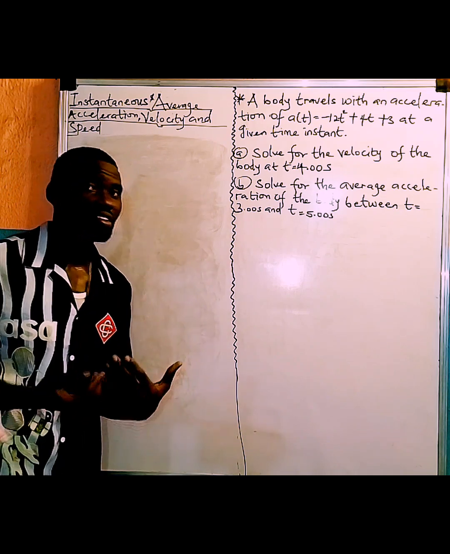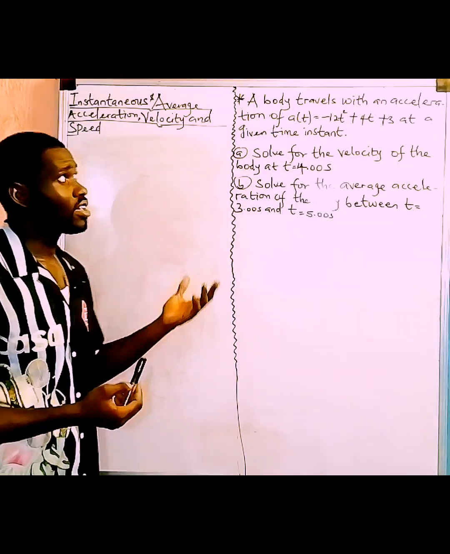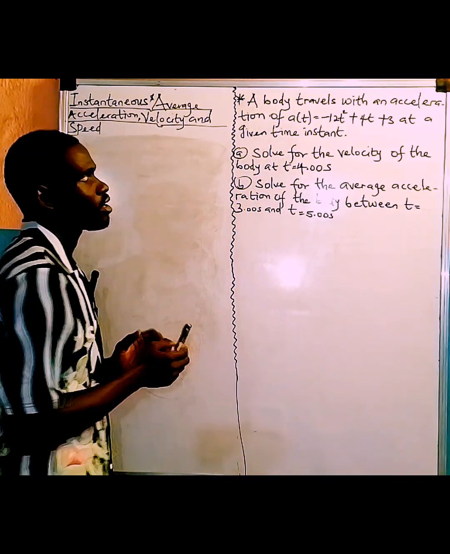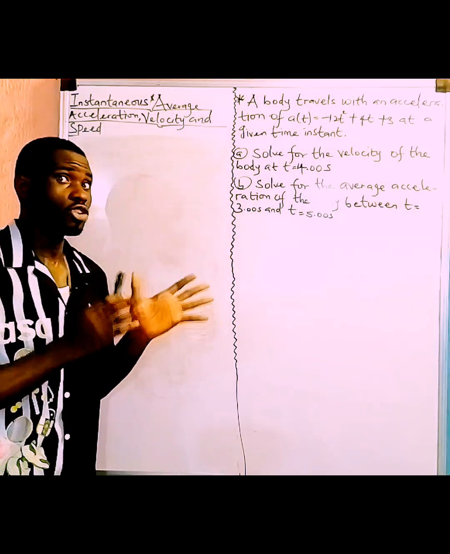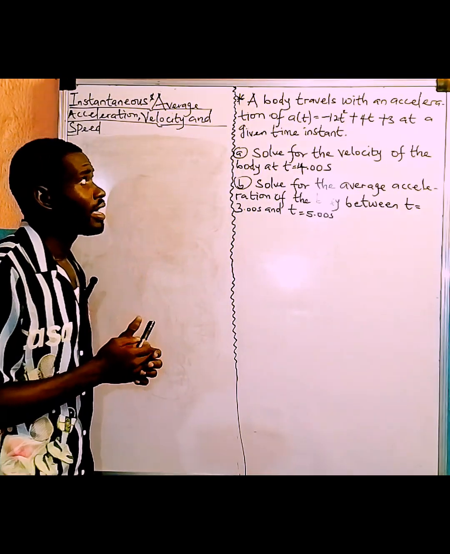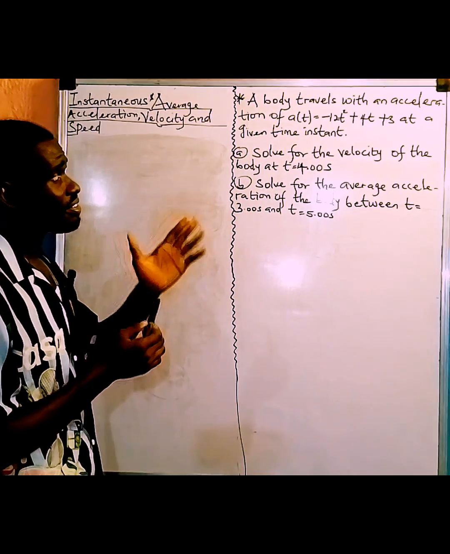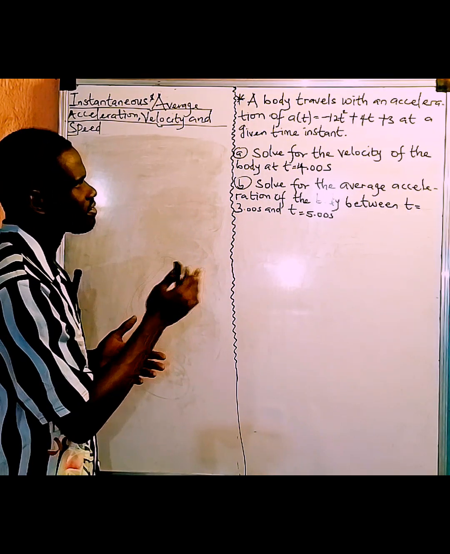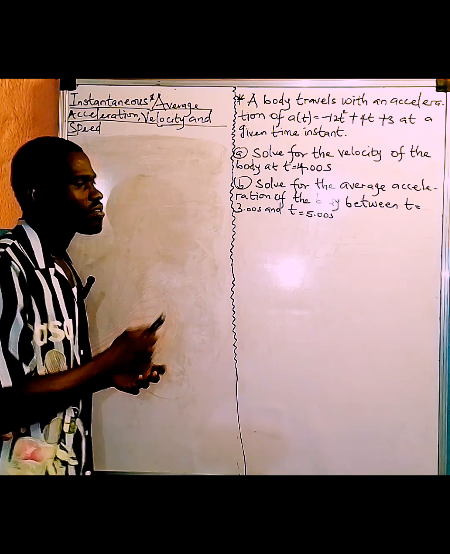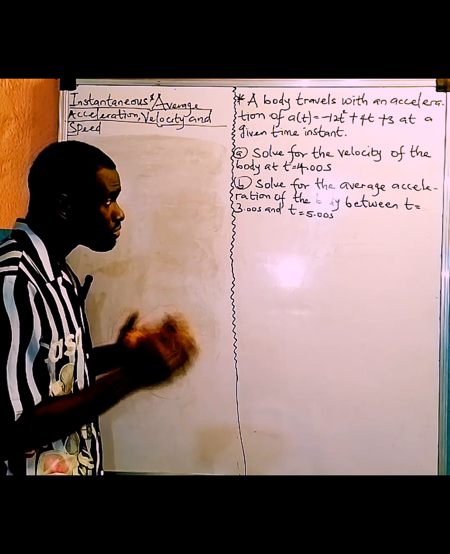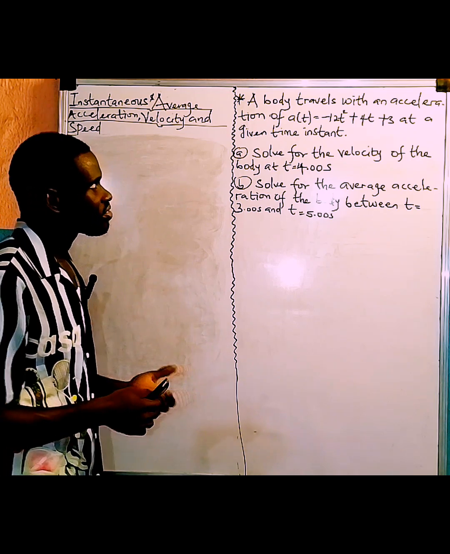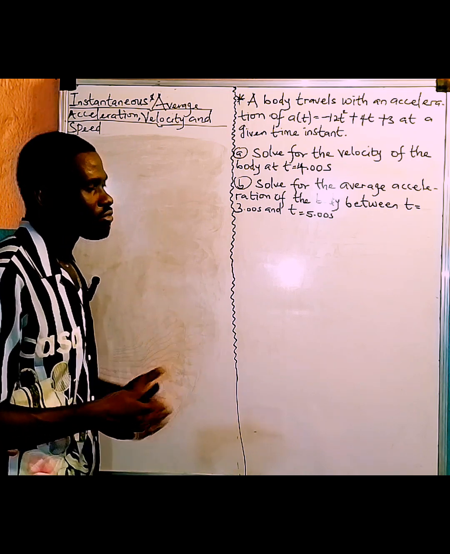Now, how do you know it's instantaneous acceleration or velocity? As you can see, if it's instantaneous acceleration, there'll be a time attached to it. You will surely be told, and even if you're not told, you can see it for yourself. So the body travels at this given time interval, and we are asked to solve for the velocity of the body at time 4 seconds. We also have to solve for the average acceleration of the body between time 3 seconds and time 5 seconds.